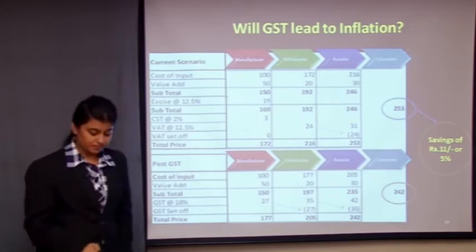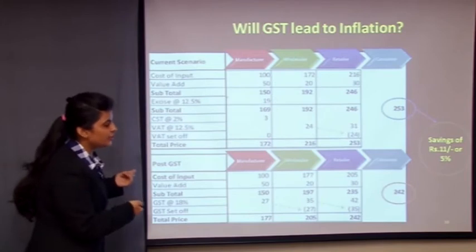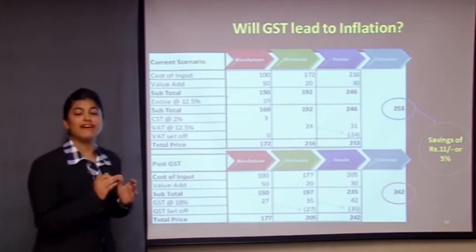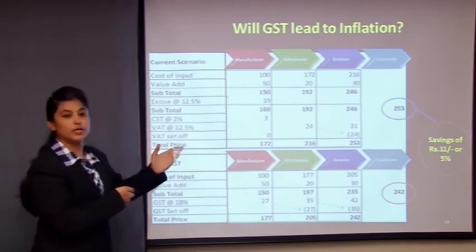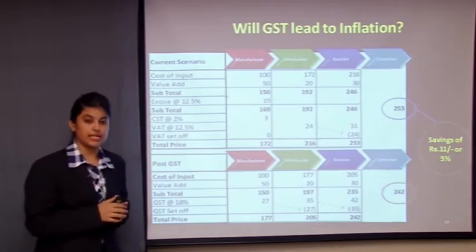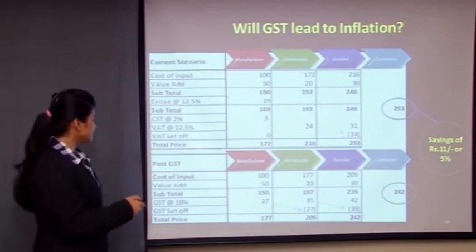Now imagine the goods which were manufactured earlier at 100 rupees reached the final consumer at 253 rupees. So 100 rupees goods being 253 rupees to the consumer. Now if I go to the GST, what effect is the consumer facing?